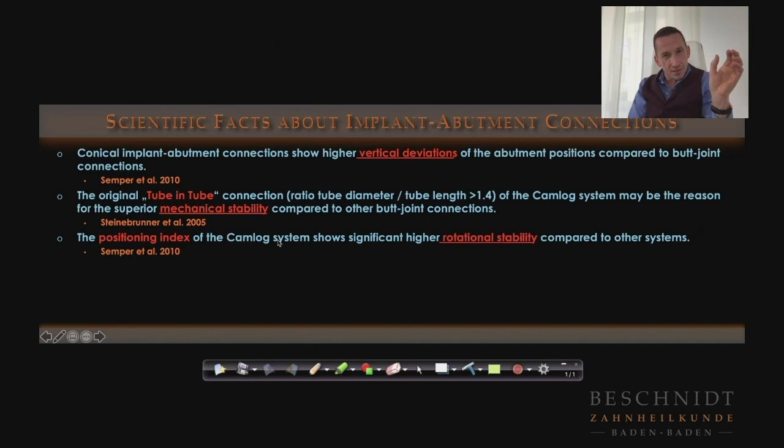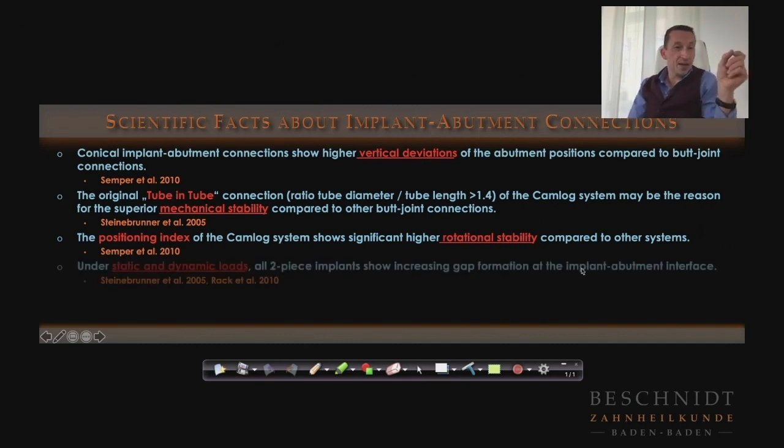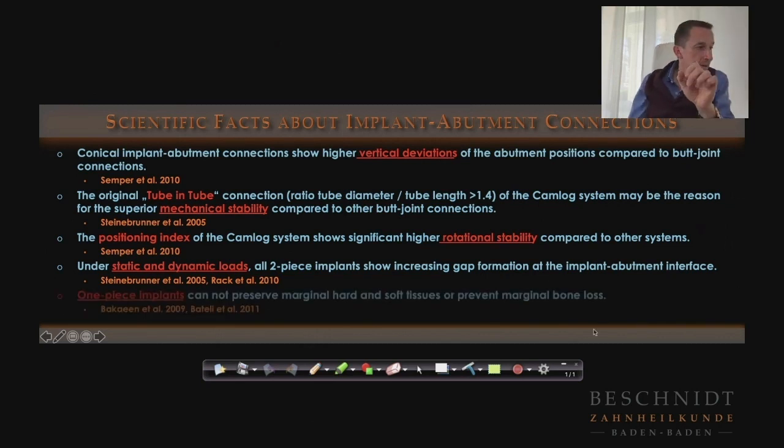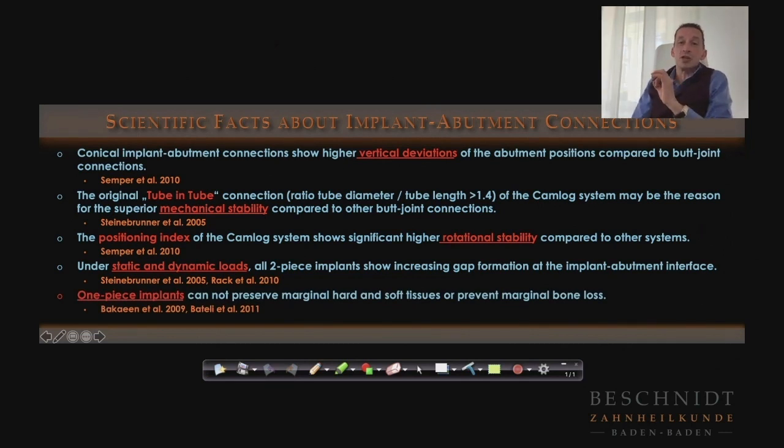In the Camlog system, it is secured by the cams. Under static and dynamic loads, all two-piece implants show increased gap formation over time. The one-piece implant cannot preserve marginal bone and hard soft tissue resorptions. So this says at the moment the conical connection is an implant especially for the aesthetic use.